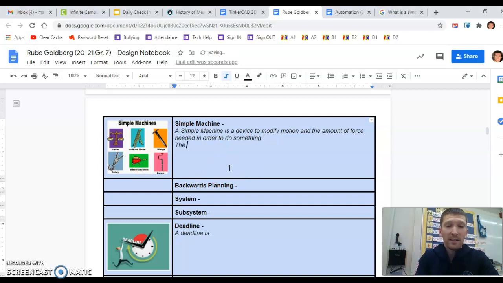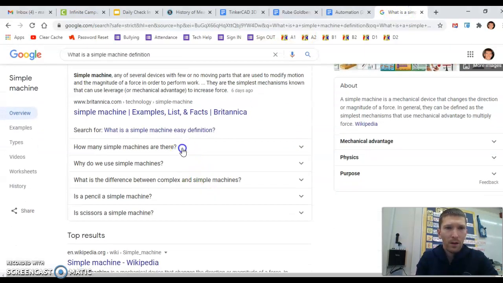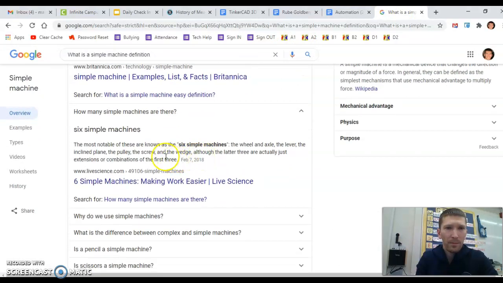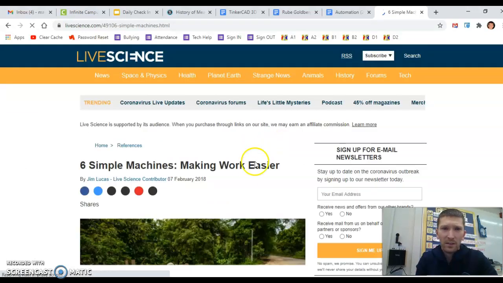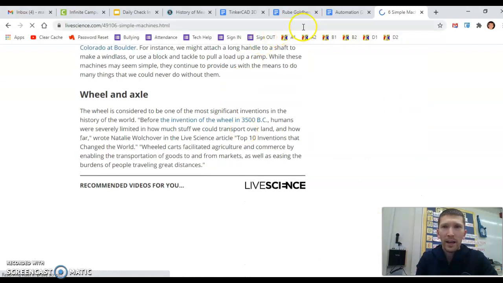There are 6 simple machines. The 6 simple machines are, and let's see what they are. There are 6 of them, and I'm going to click on this website and see if it takes us to what the 6 of them are. We have wheel and axle.